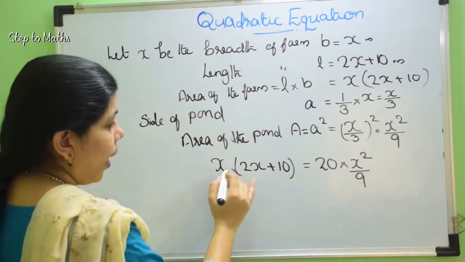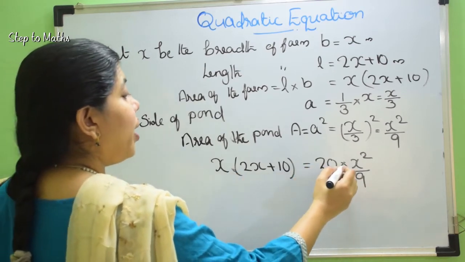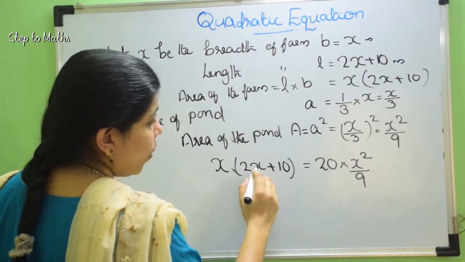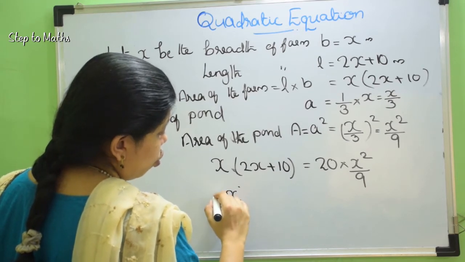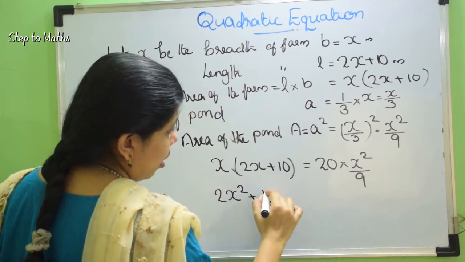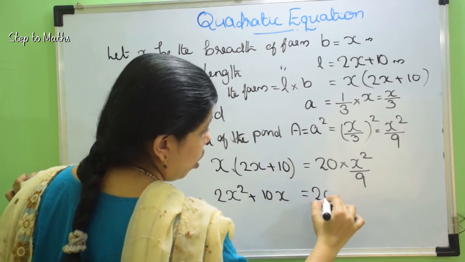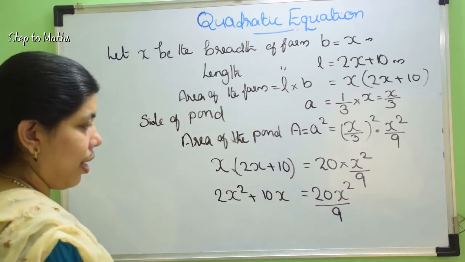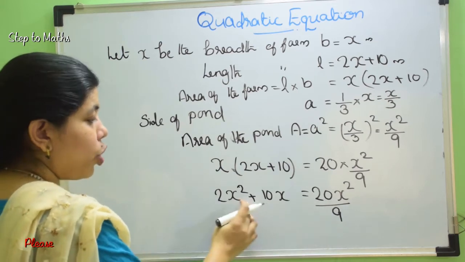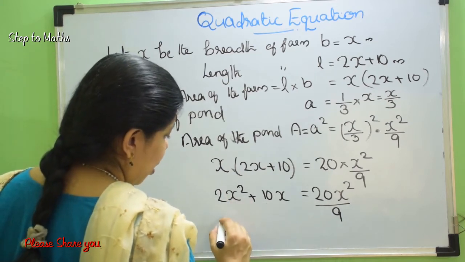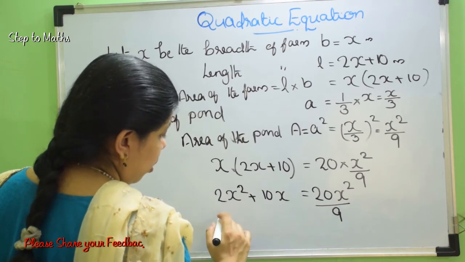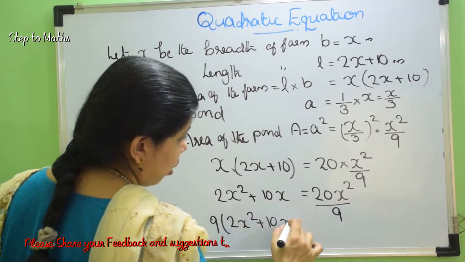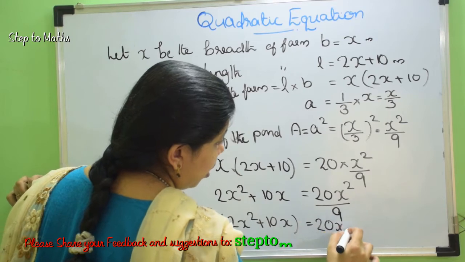Take this equation. x into 2x plus 10 is equal to 20 into x square by 9. Now simplify this equation. x into 2x plus 10 is 2x square plus 10x equal to 20 x square by 9. If we multiply this side by 9, it becomes 9 into 2x square plus 10x equal to 20x square.